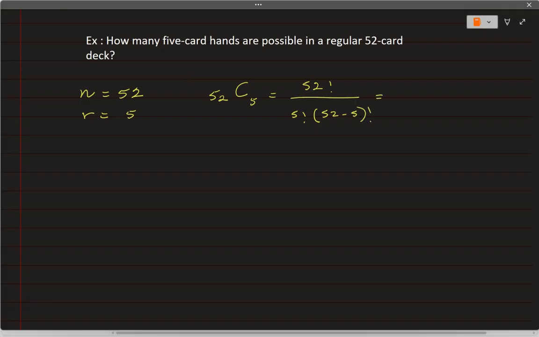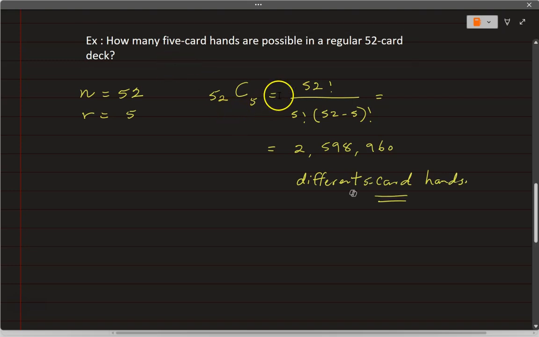You take out your calculator, and you'll end up getting a huge number: 2,598,960 different card hands. That's 5-card hands, okay?